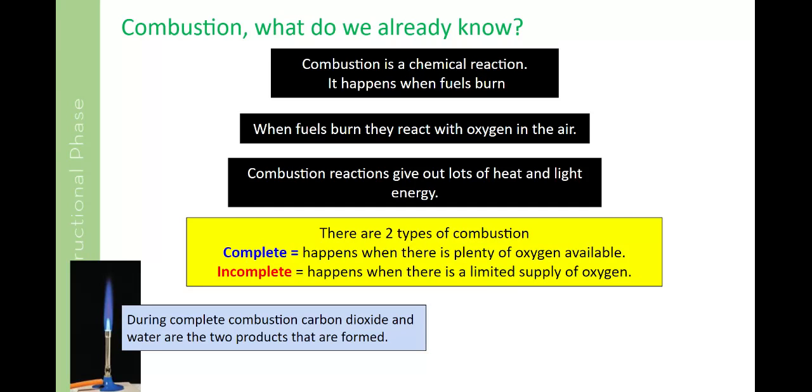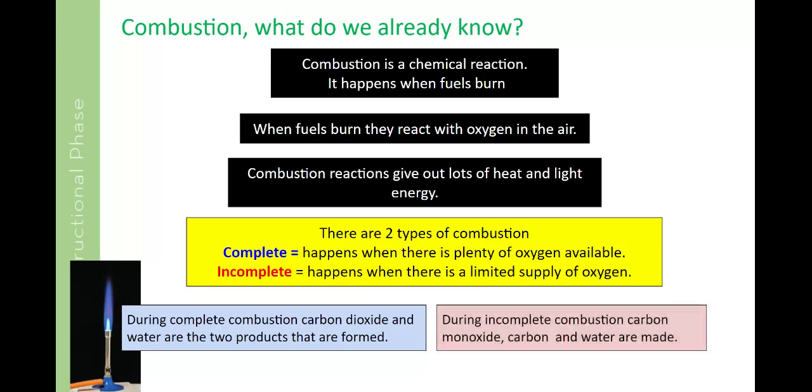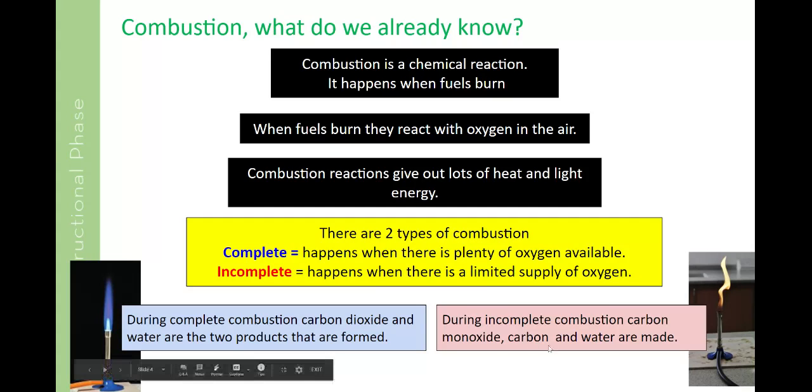And it also produces water as well, just like complete combustion. And remember, in terms of the Bunsen burner, when the collar is closed, we are blocking off the supply of oxygen, and that is why we get an orange safety flame. The orange colour comes from the soot, the carbon particles in the flame.